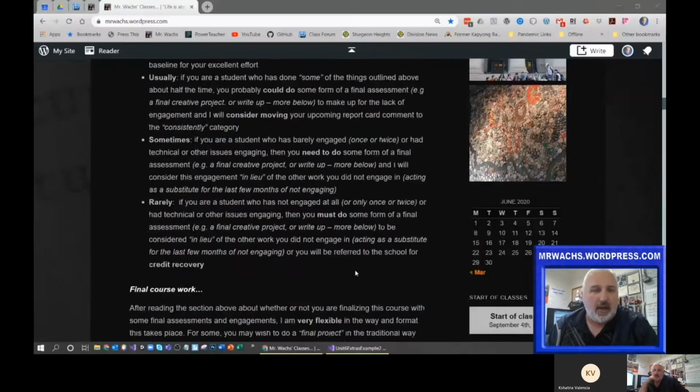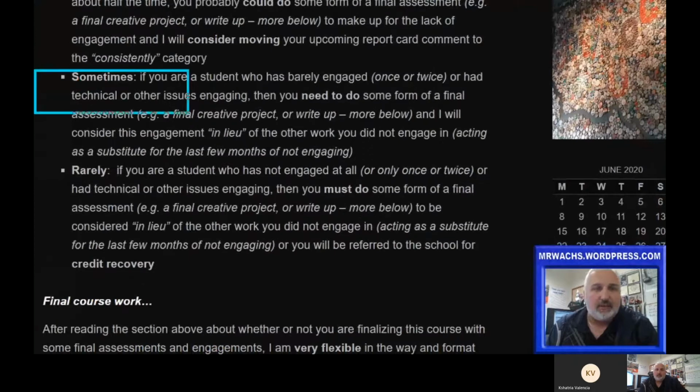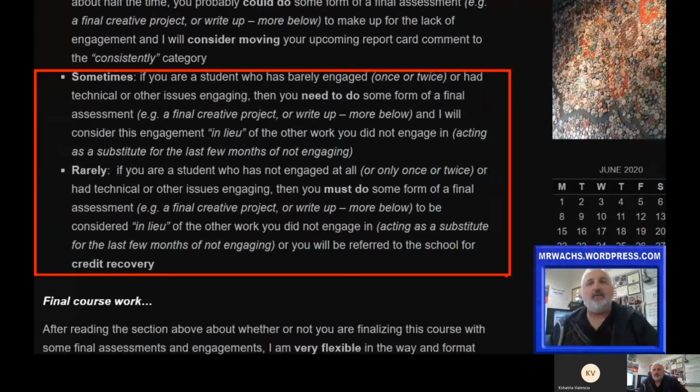Okay, now what I want to talk about are the last 2 categories. This is where I'd say it's even more important to consider this option. If you are in the sometimes or the rarely category, especially the rarely category, you haven't done anything really since school closed, and you're worried I'm going to put rarely on your report card, or that you're going to be moved to the option of credit recovery, well, now I would say it's more of a must.